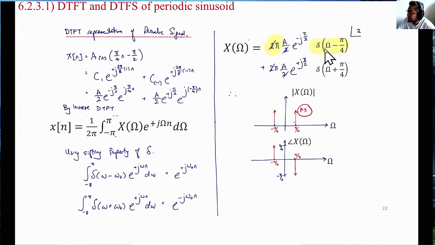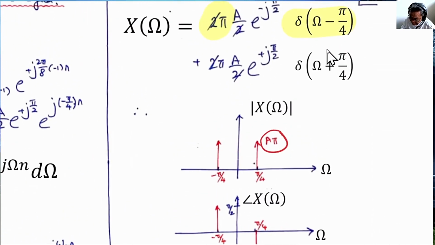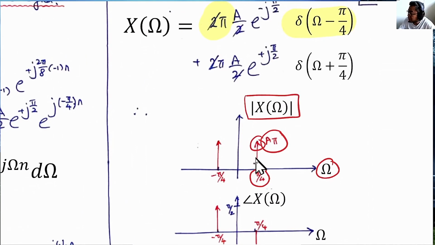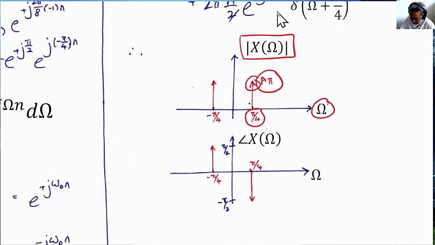And now we have a delta function at this particular frequency, and the delta function means that it is an arrow sticking at this frequency. So this is the magnitude, and the positive magnitude is A pi now. What about the phase? Minus pi over 2, represented by a delta function at omega.